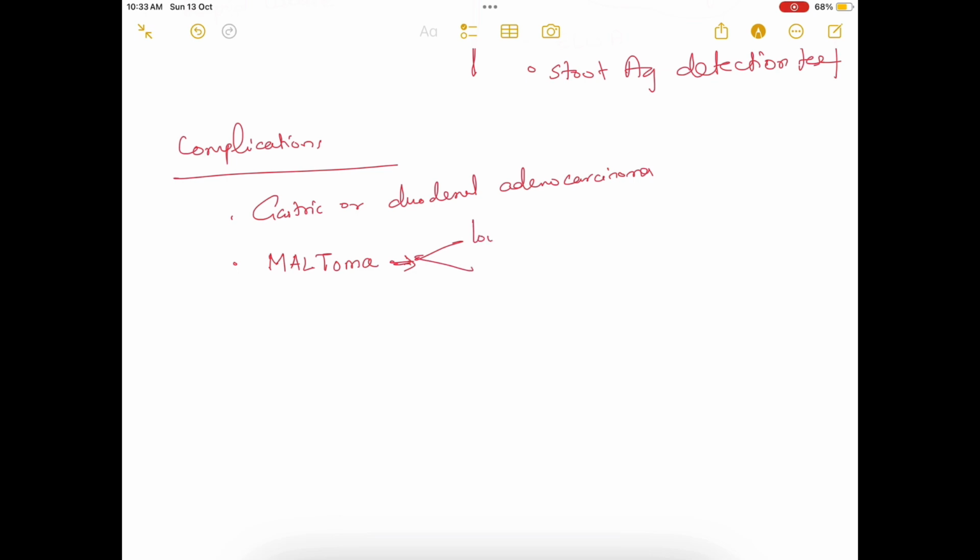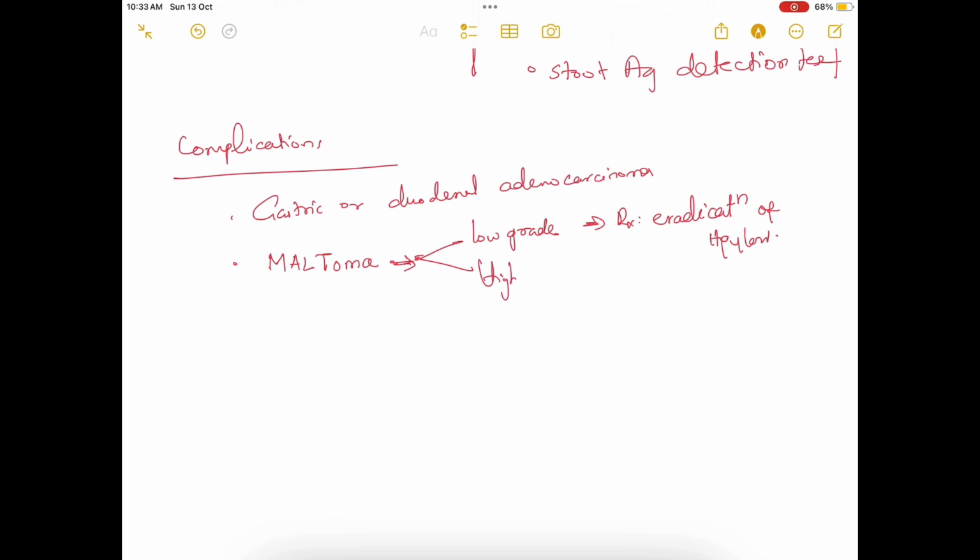there's an interesting thing here that I wanted to tell you. If it's low grade, we treat it as an H. pylori infection. So the treatment will be eradication of H. pylori. So we basically give antibiotics, which we usually give for H. pylori.